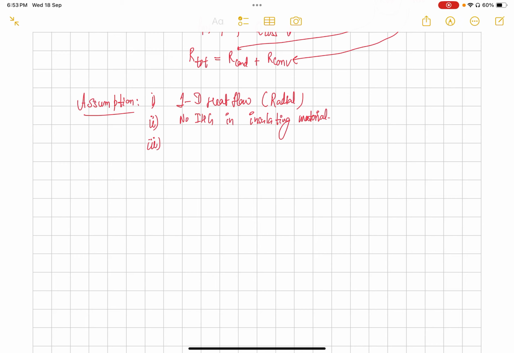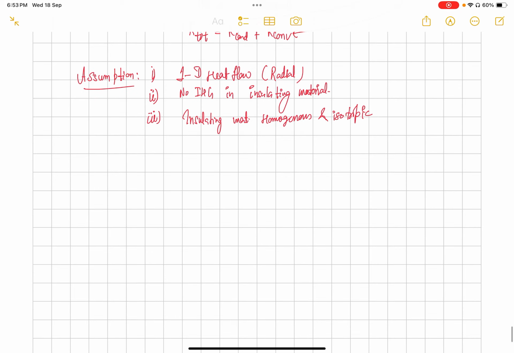The insulating material is homogeneous and isotropic, meaning there is no thermal conductivity variation at any point or with direction, and the k value is also constant with respect to temperature.